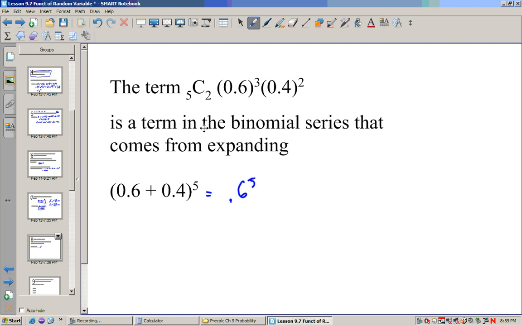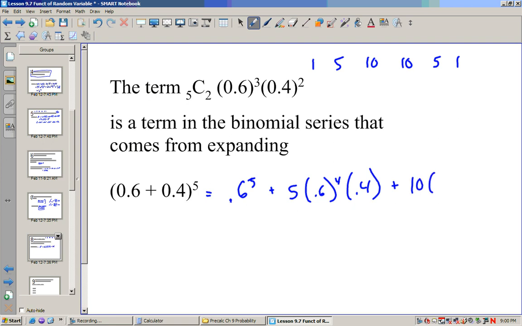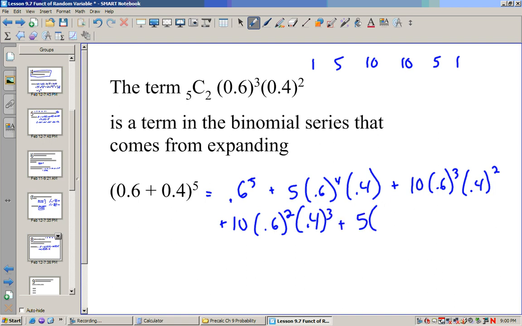And remember, the fifth row will be 1, 5, 10, 10, 5, 1. 0.6 to the fifth plus 5 times 0.6 to the fourth times 0.4 plus 10 times 0.6 to the third times 0.4 squared plus 10 times 0.6 squared times 0.4 to the third plus 5 times 0.6 to the first times 0.4 to the fourth plus finally 0.4 to the fifth.